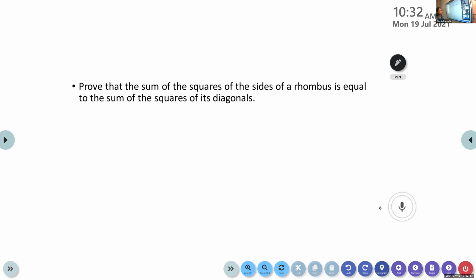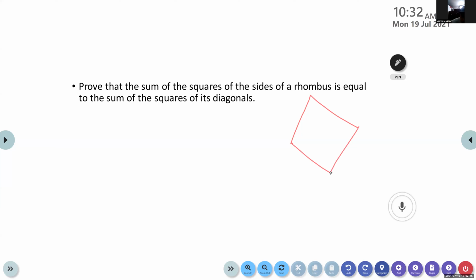How many diagonals are there for a rhombus? Pratyush, how many diagonals are there for a rhombus? Rhombus means how many sides are there? 4.